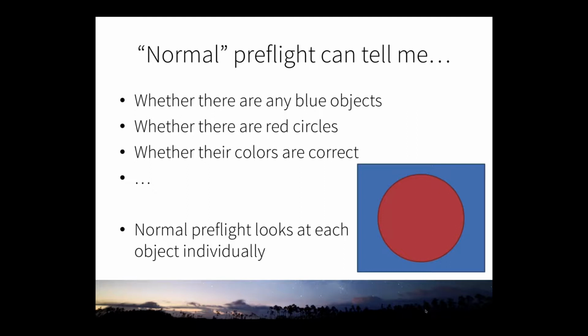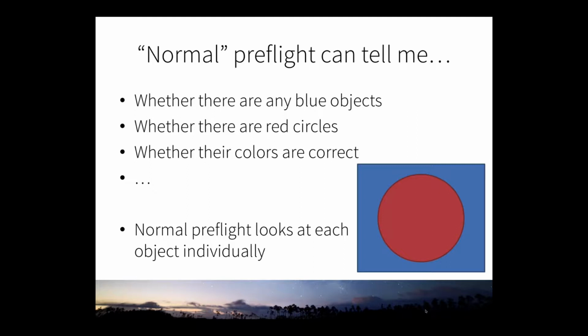You can tell whether objects are of a particular type, or whether their colors are correct, or whether they have certain attributes. But all normal preflight does is look at each object on a page individually.